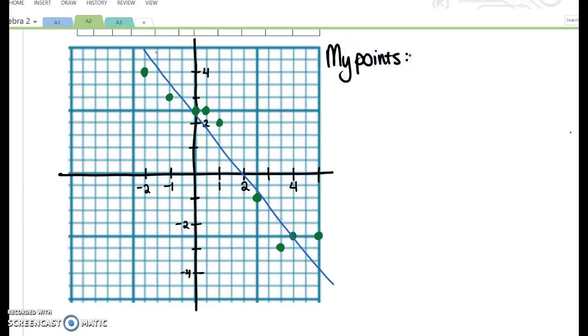So my points, I think I will use, this one looks pretty good. That would be -1, 3.5. And I want a point down here somewhere, maybe this point, which is 3.5, -2.